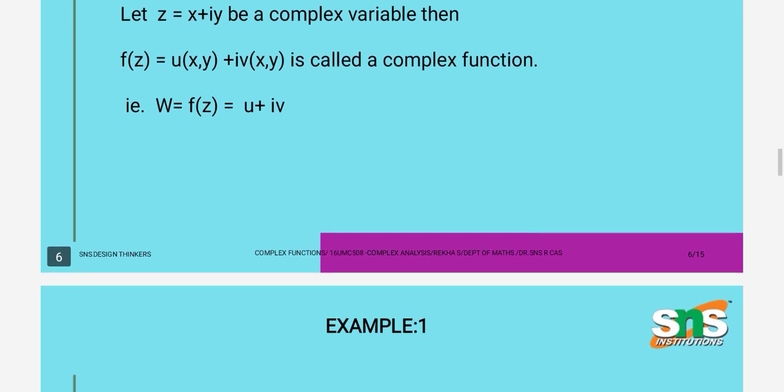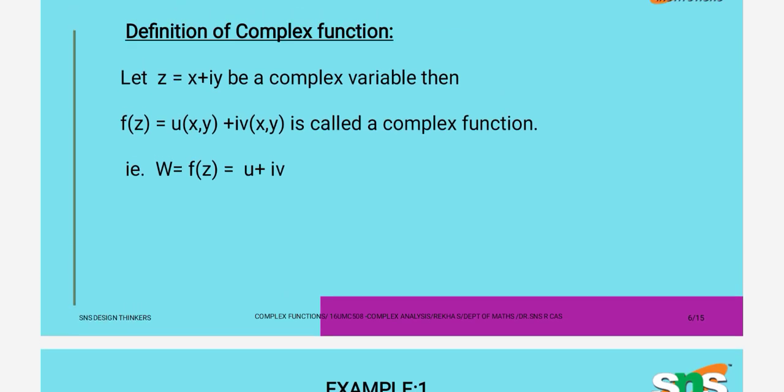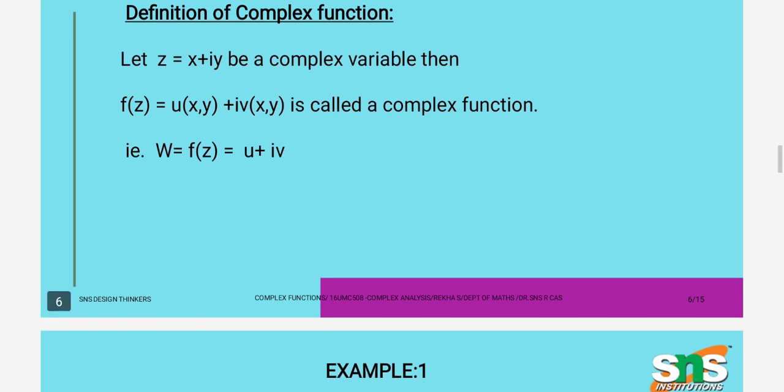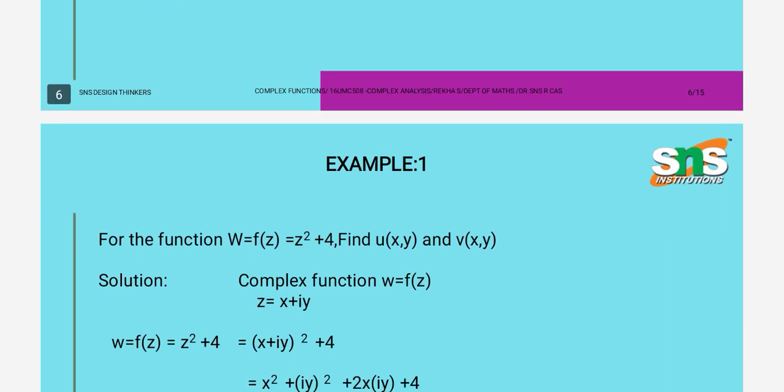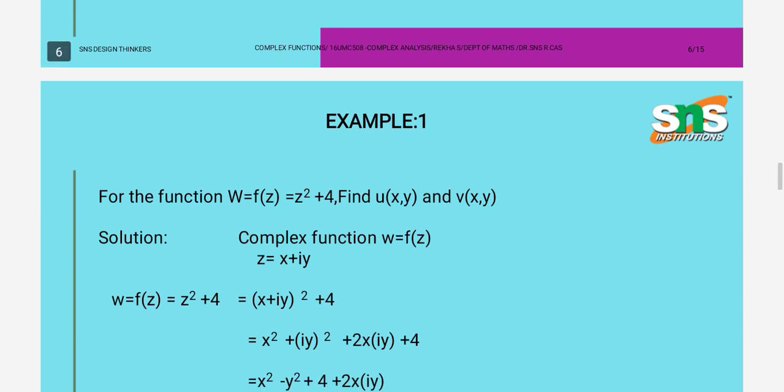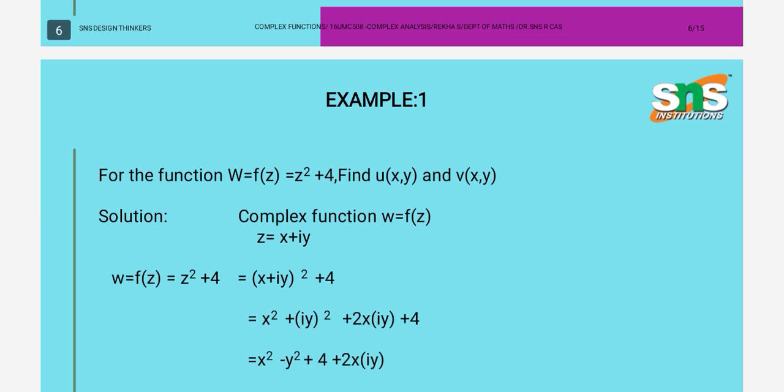I am defining the complex number as z equal to x plus iy, and f of z equal to u of x comma y plus iv of x comma y is called a complex function. So w equal to u plus iv, which is nothing but a complex number. Okay, now let us see one problem. Before that, the activity: how will you express the complex number z equal to x plus iy?